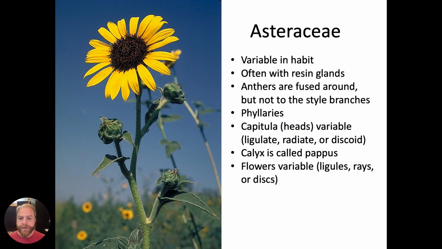Thanks, Nick. Let's start our workshop out with a little bit of information in general about Asteraceae. Number one, the family is really variable in habit, so it's very difficult often to identify this family from just the vegetative material. They can be trees, shrubs, or vines.